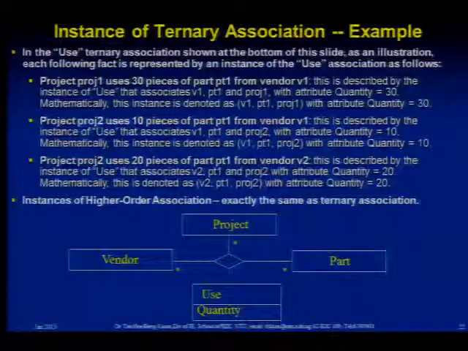Now we proceed forward to see an example of a ternary association. This is a ternary association. Again, we have a scenario here to illustrate instances of associations. For this class diagram, assuming that project 1 uses 30 pieces of part 1 from vendor 1, that means project 1 interacts with vendor 1 and part 1, and it uses 30 pieces.